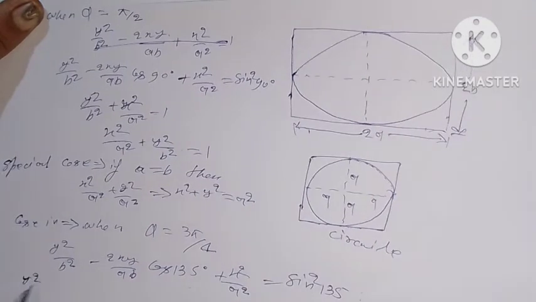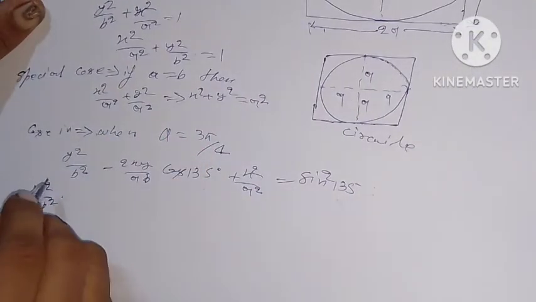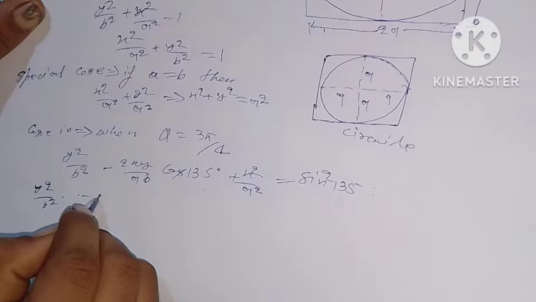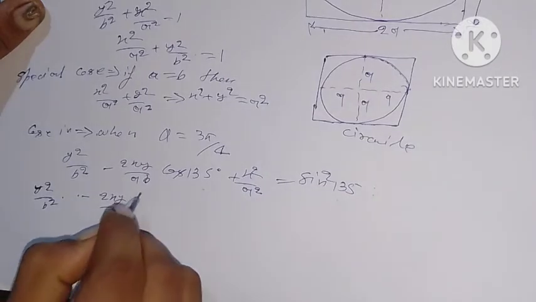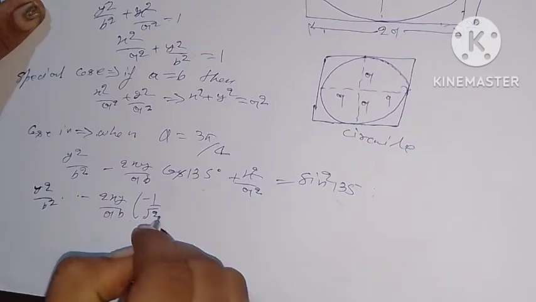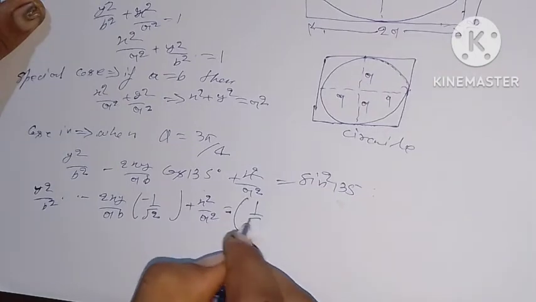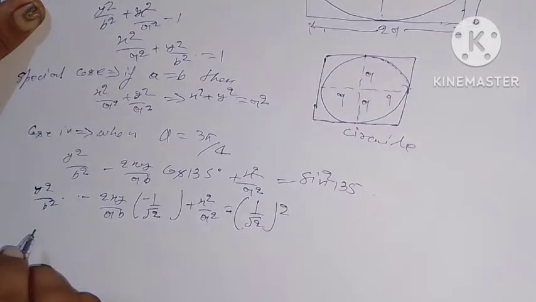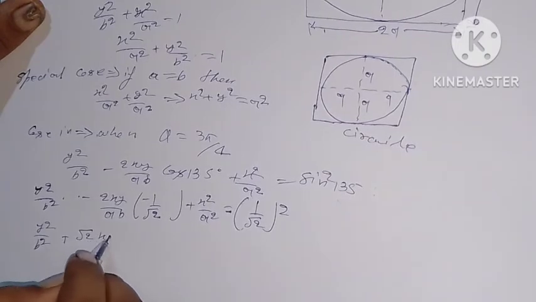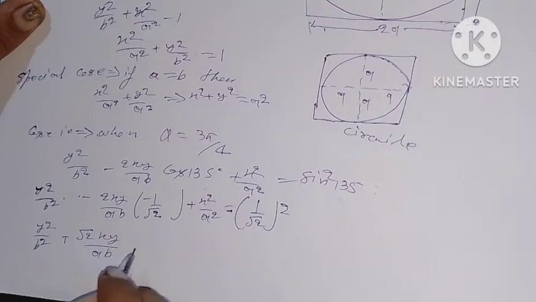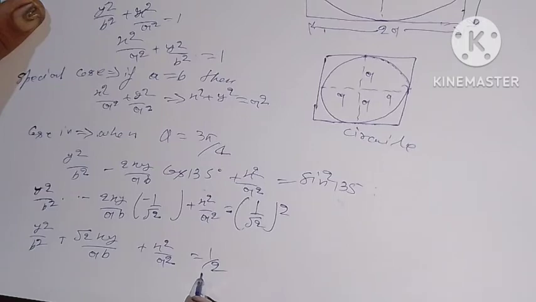That is, y square upon b square minus 2xy upon ab times minus 1 upon root 2 plus x square upon a square equal to 1 upon root 2 whole square, that is y square upon b square plus root 2xy upon ab plus x square upon a square equal to 1 upon 2.